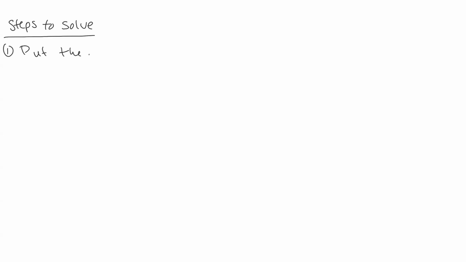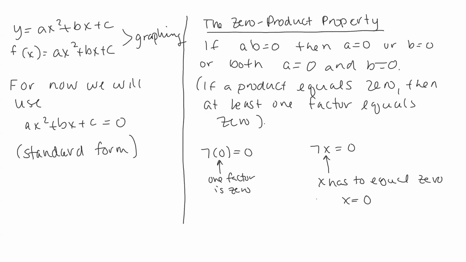So put the equation in standard form. And in case you can't remember, standard form is ax squared plus bx plus c equals 0. So the squared term, then the linear term, then the constant, then equal to 0, okay?